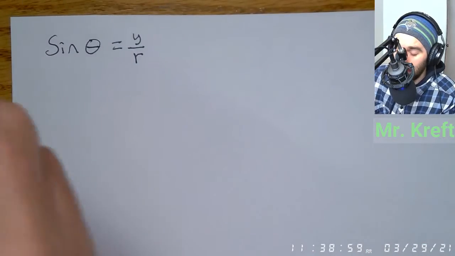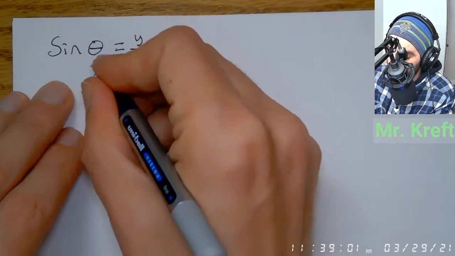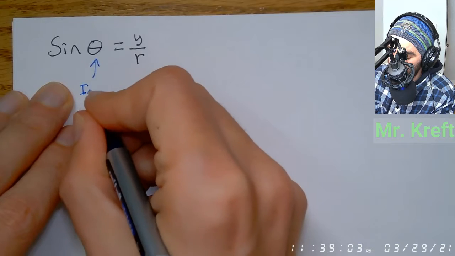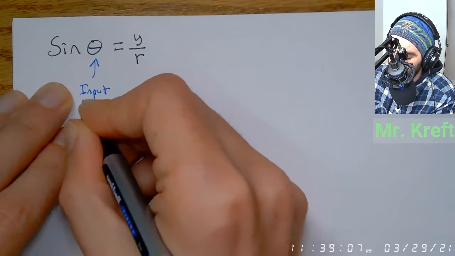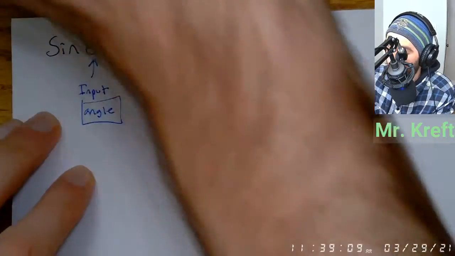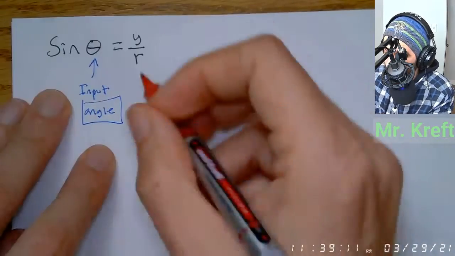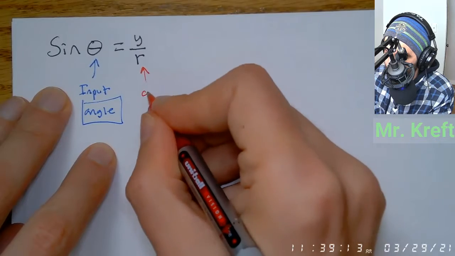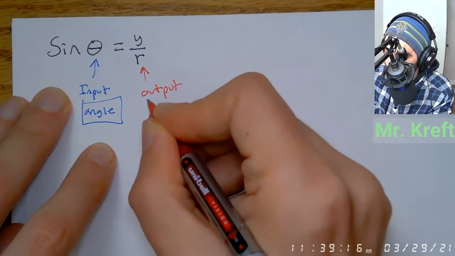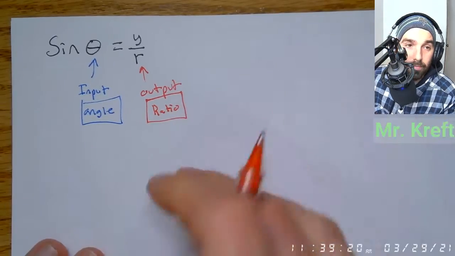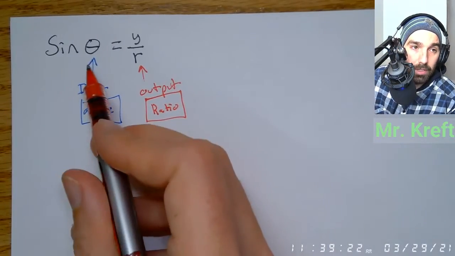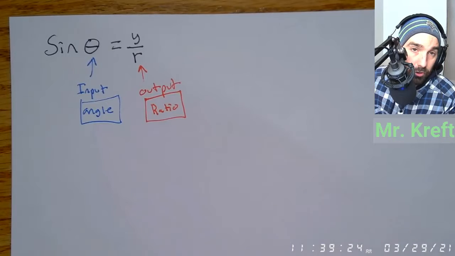Okay, so again, I really want people to focus on this. My input is an angle. Okay, my output is a ratio. Okay, so we have an input of an angle, an output of a ratio.